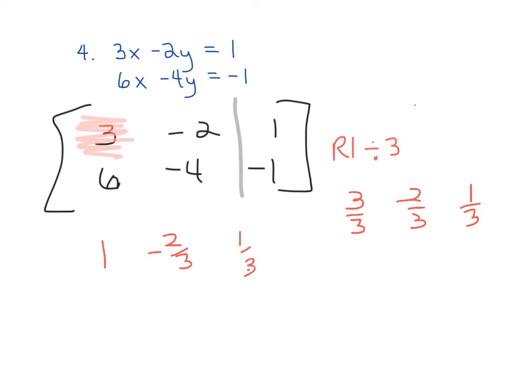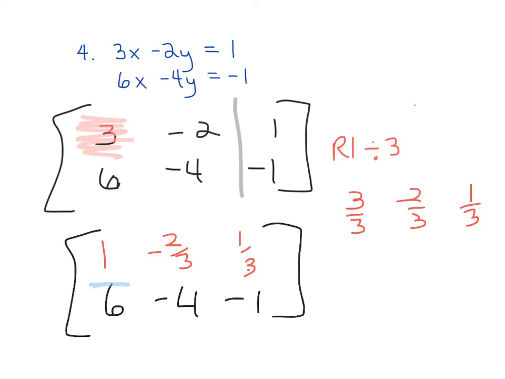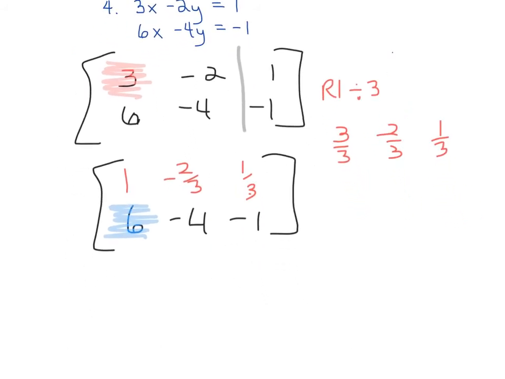And then let me rewrite row 2. The next thing I need to work on is making the 6 become 0. So I'm going to take row 1 and multiply it by negative 6 and then add it to row 2. So negative 6, positive 4, negative 2.